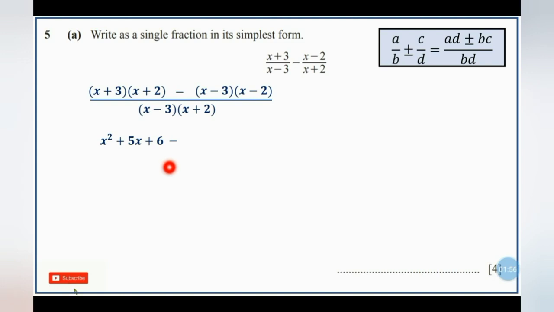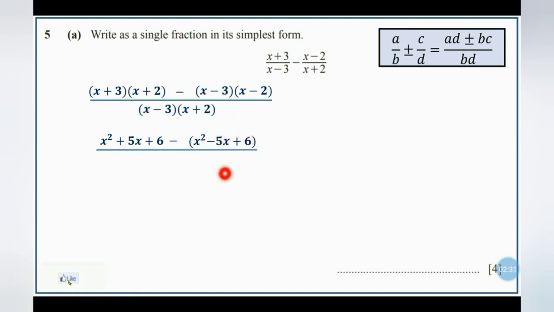Remember, if this is addition, you don't need to write any bracket on the right side. Since this is subtraction, I will put a bracket: x squared minus 5x plus 6. Take note of that, because this is one of the common mistakes of students studying mathematics. You have to put a bracket because you have to distribute this negative sign to each of the terms inside the bracket.